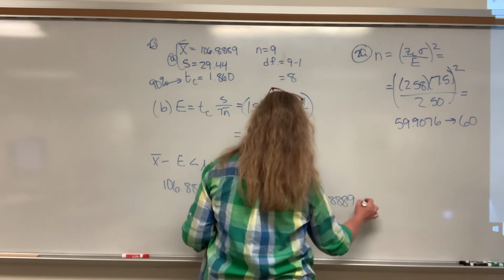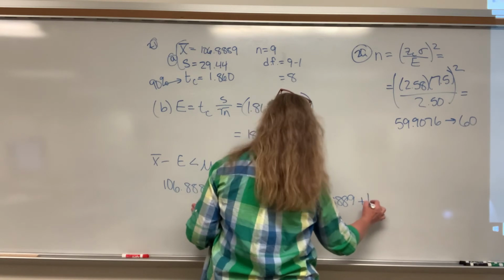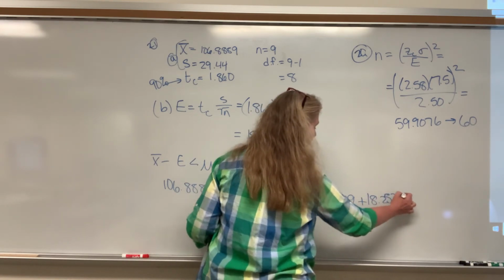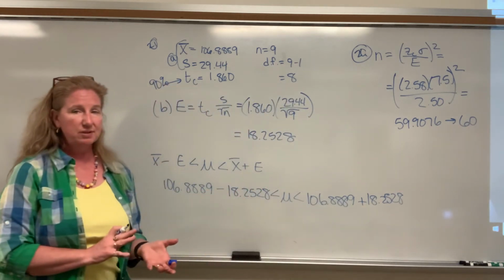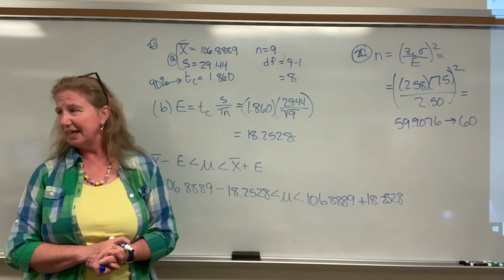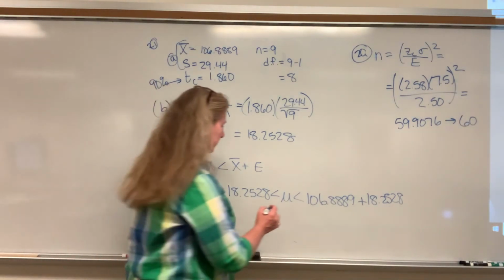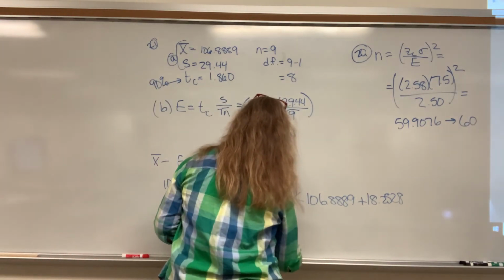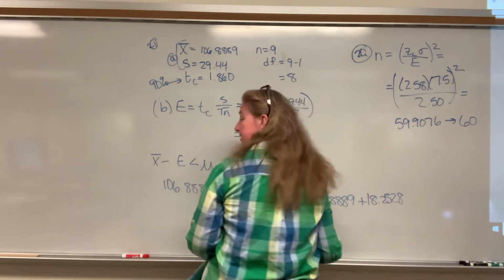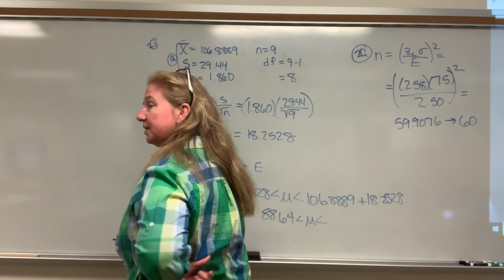And again, I just kind of extended my decimal places. I just tried to keep a bunch so that I'm not rounding significantly in the middle of the problem. So I get 88.64 is less than mu, which is less than 125.14.